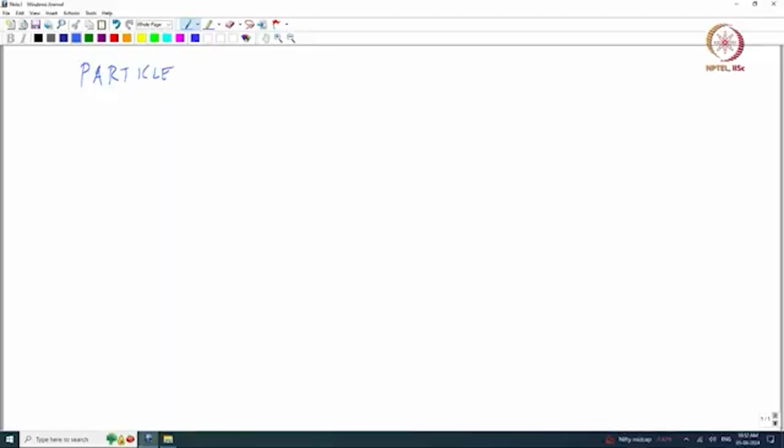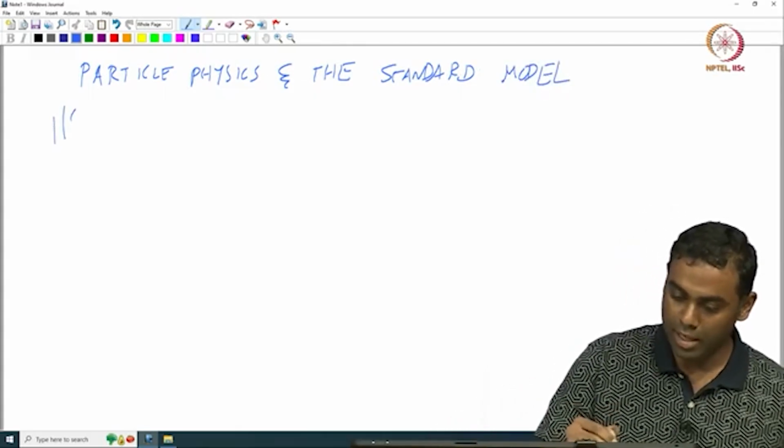I am a faculty at the Center for High Energy Physics, and I'll be teaching the NPTEL course, Particle Physics and the Standard Model. Okay, we'll see what these two phrases mean. This course is being taught at IISc.